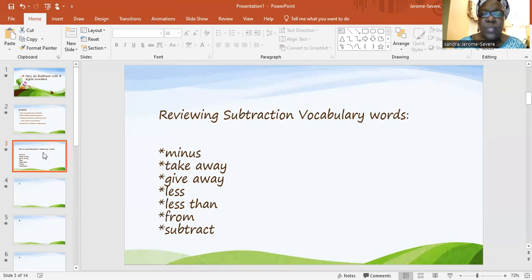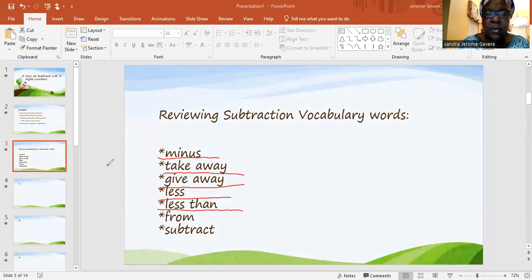These are the vocabulary words we're going to be looking at: the word minus, the word take away, the word give away, less than, from, subtract, and subtraction too.